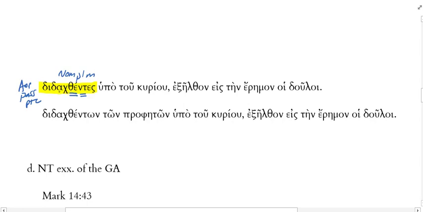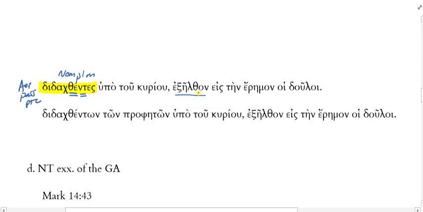So how might I translate this? What verb is this from? Didaskō. So didaskō is I teach, but didachthentes is what? After being taught, or after having been taught. It depends on what the verb's tense is in the main clause. Here it's exēlthon.